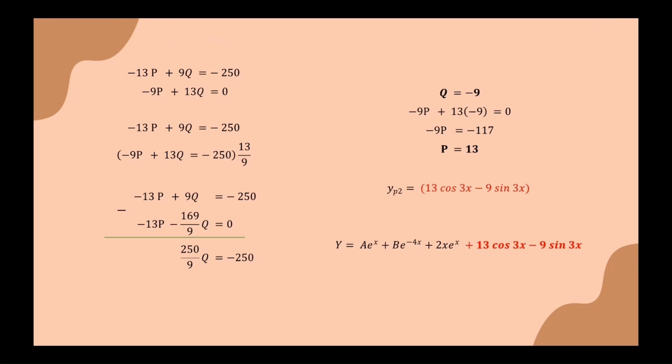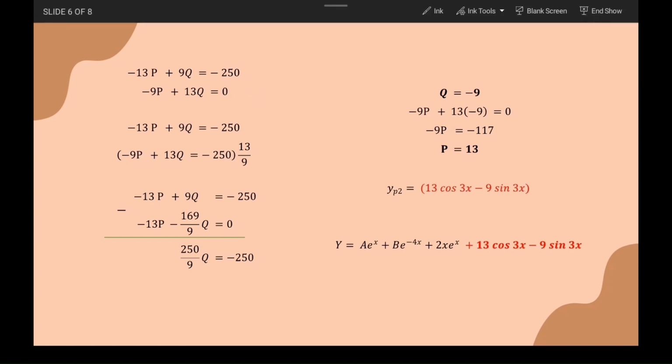Now I'm going to extract the equations from the slide earlier. I get negative 13p plus 9q equals negative 250 and negative 9p plus 13q equals 0. So these are the two equations that we have here. I'm going to solve for p and q by using the elimination method.